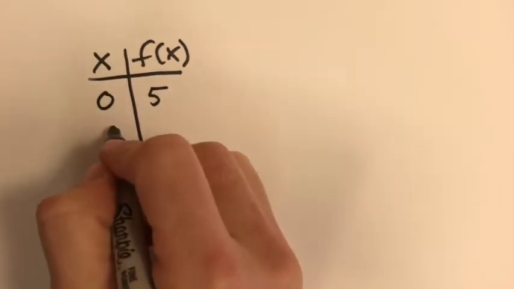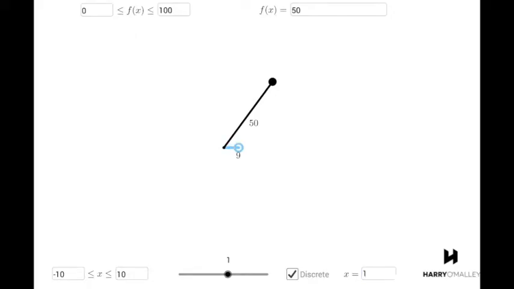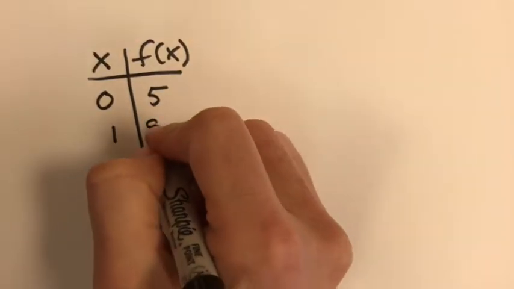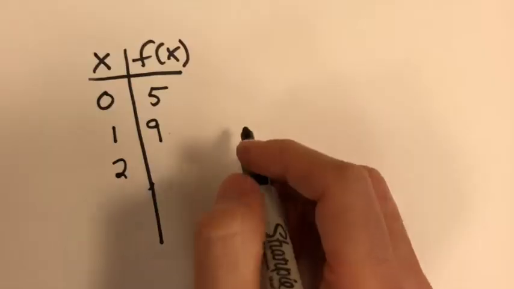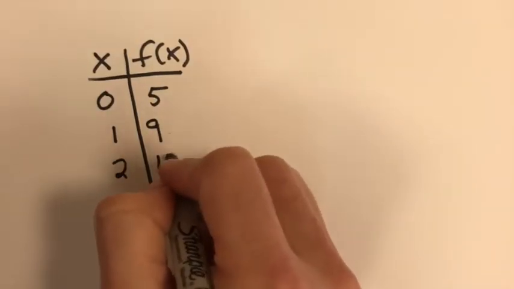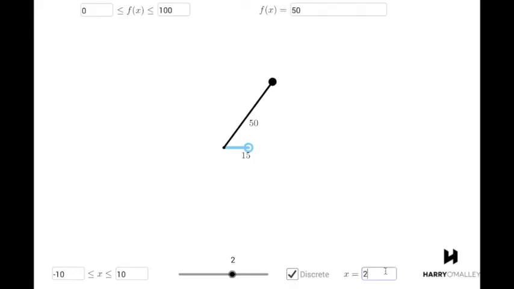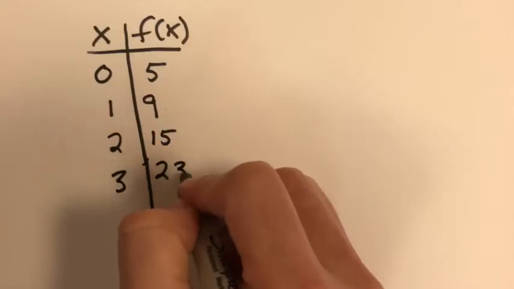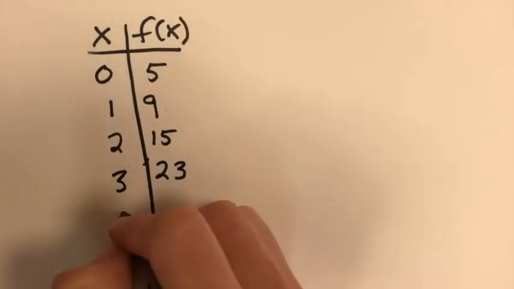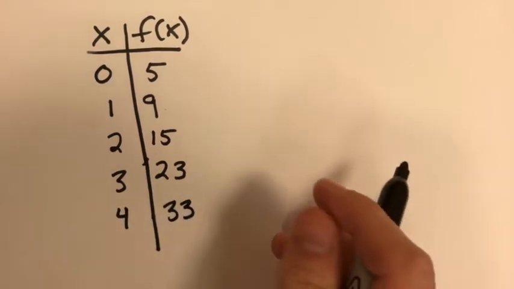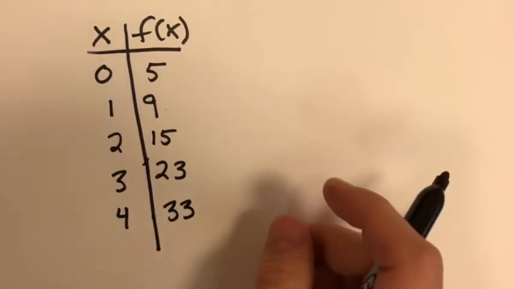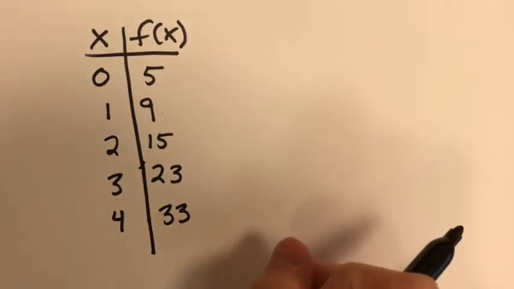When x is 1, the output is 9. 2 is 15. 3, 23, and 4, 33. So now we've collected 5 pairs.